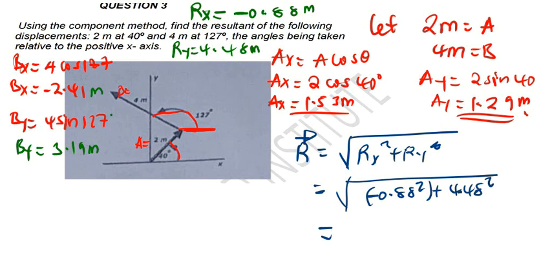I expect my resultant to be the square root of 0.88 squared plus 4.48 squared. The answer I'm getting now, the square root is 4.55.